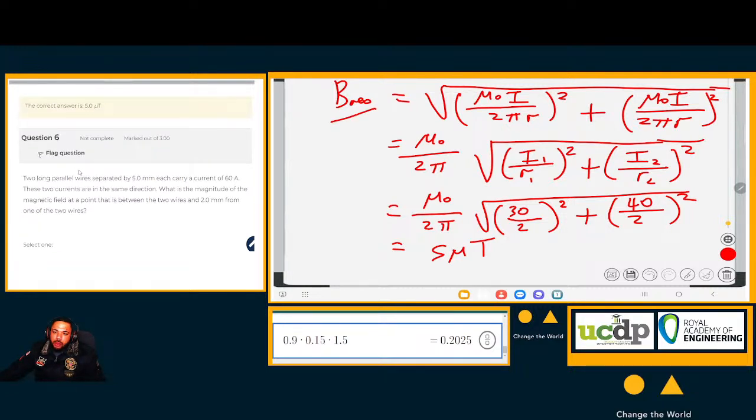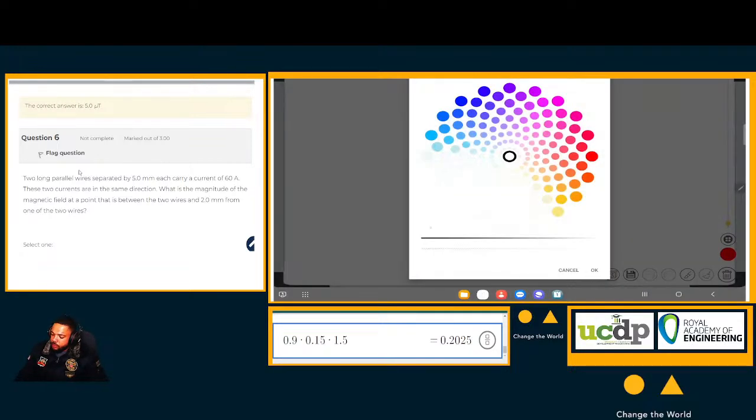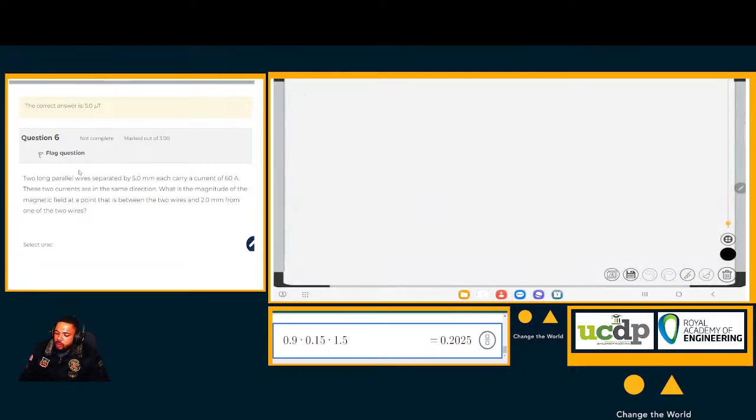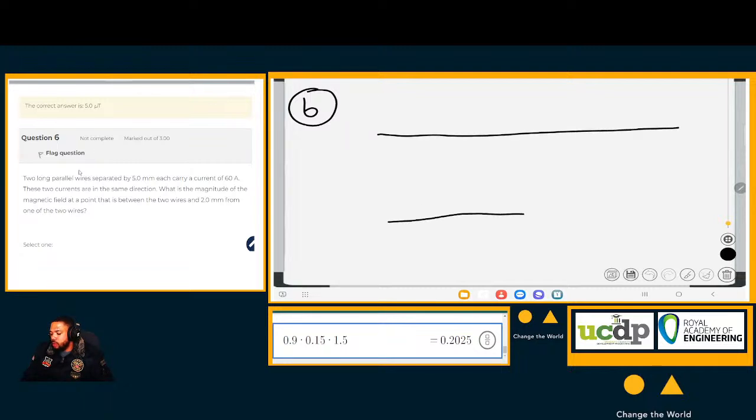Now, question number 6. It says two long parallel wires are separated by, so let's say here's one and here's the other one.